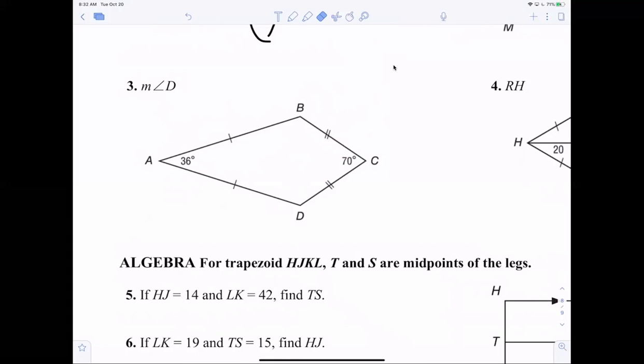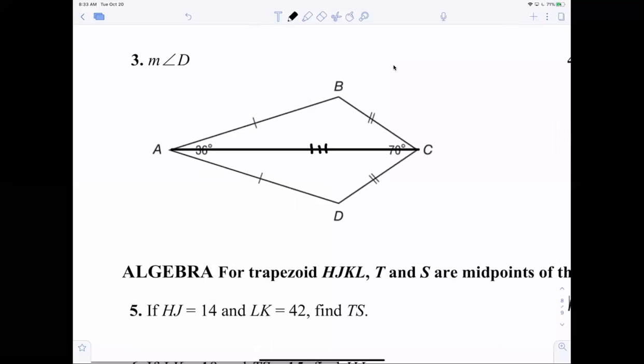Now, if I were to draw this from here to here, what's true about the top triangle and the bottom triangle? Yeah, they're reflected. So that means they are congruent, and we can easily say that because of side, side, side. That is correct. So now this diagonal right here does what to the two angles?